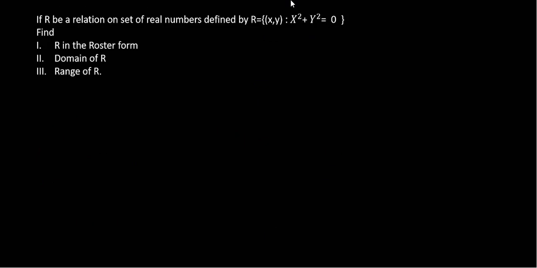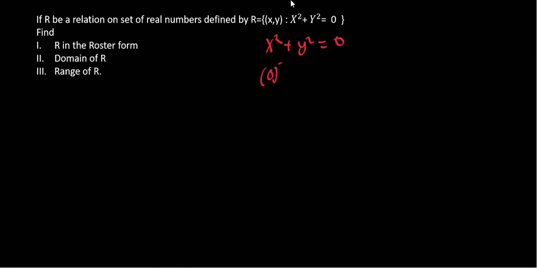Okay, now let's look at this one. If R is the relation on the set of real numbers defined by x comma y, then x squared plus y squared equals 0. What are the real numbers that I can put in x and y to get me 0?